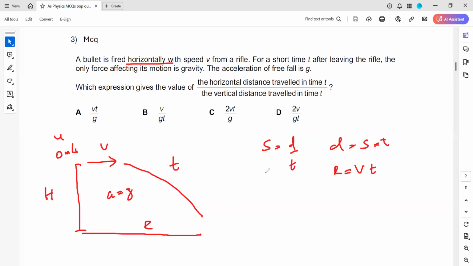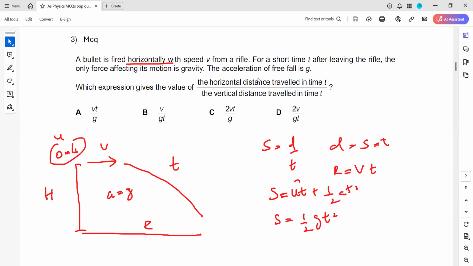So we can use the equation of motion, s is equal to ut plus half at square. The initial velocity is 0, so this factor will be 0. So it will be 1 by 2, acceleration due to gravity g, and then t square. And the vertical distance, we said that is height.